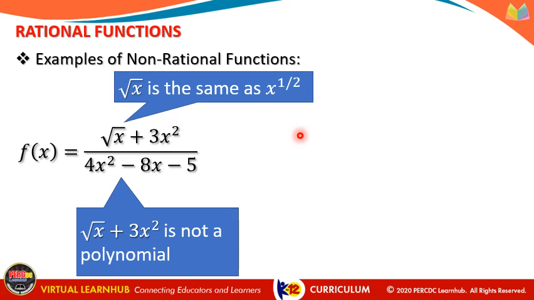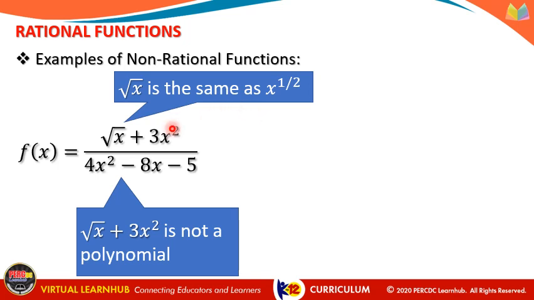If you recall, isa sa requirements ng pagiging polynomial is that dapat yung exponents natin ay isang non-negative integer. Anong ibig sabihin ng non-negative integer? Ibig sabihin, positive integer siya o di kaya zero. So kapag hindi natin na-satisfy iyon, then hindi polynomial yung ating expression.